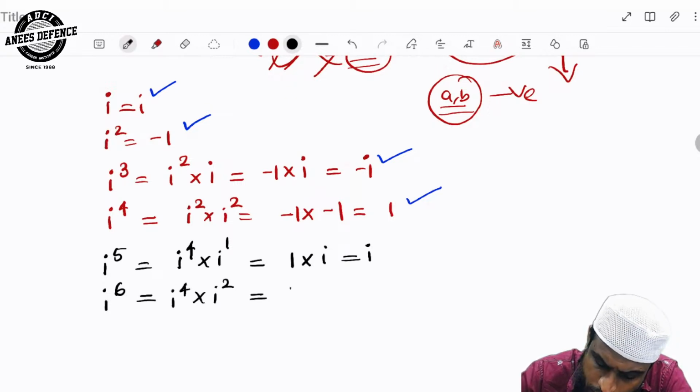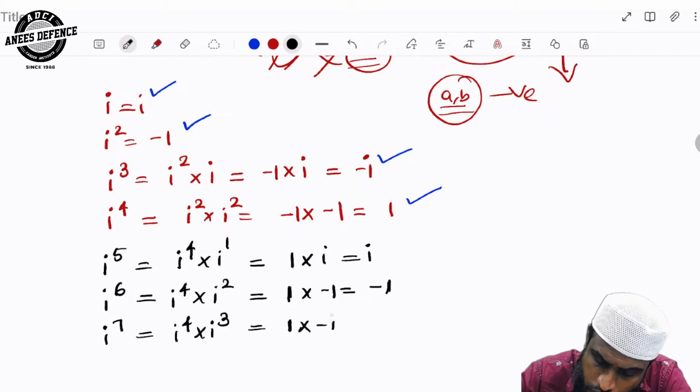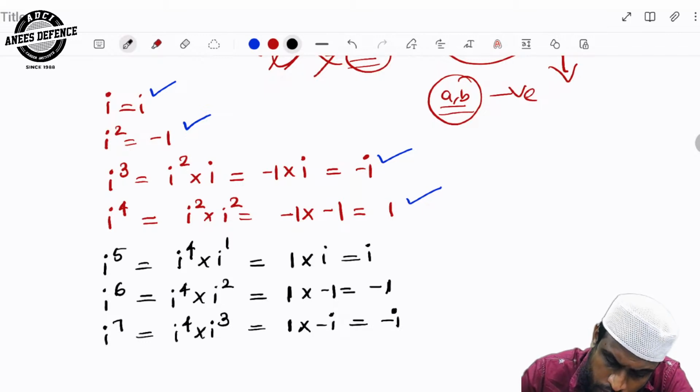I raised to 4 is 1, I square is -1, so the answer is -1. Then I raised to 7 is I raised to 4 into I raised to 3. I raised to 4 is 1, I raised to 3 is minus iota, so the answer is -I.